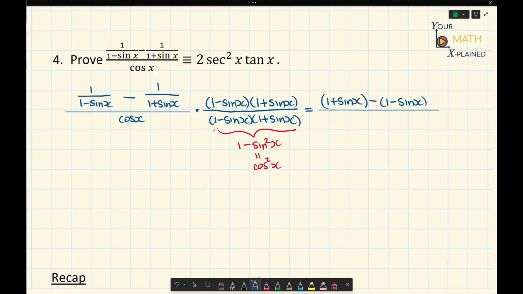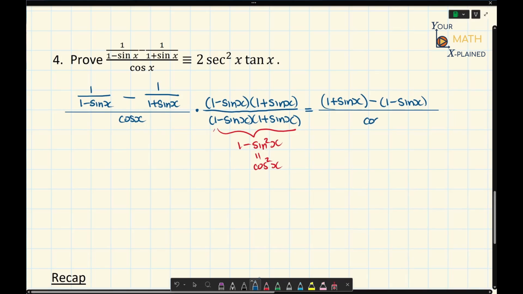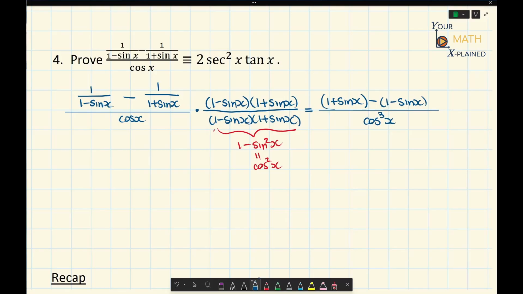So that means our denominator is going to be cos x times cos squared x, so we get cos cubed x. And now we can go ahead and combine like terms on top. So we get 1 minus 1, so the 1 will cancel, and then we get sine x minus negative sine x. So we get 2 sine x on the top, and then our denominator is still cos cubed x.